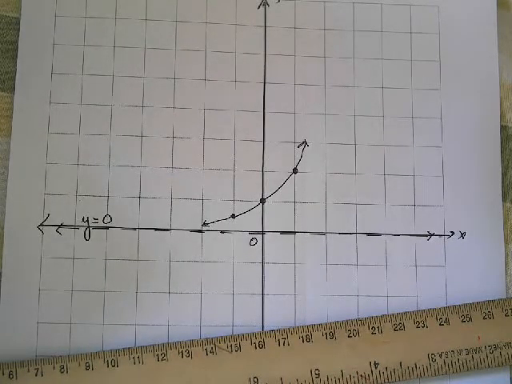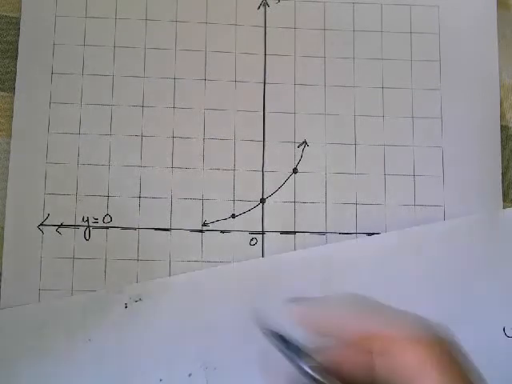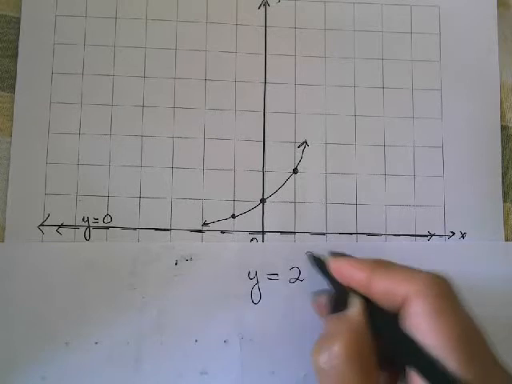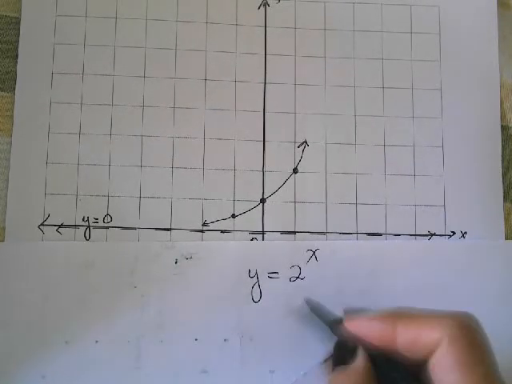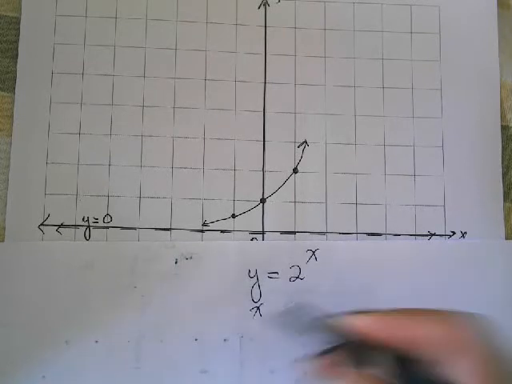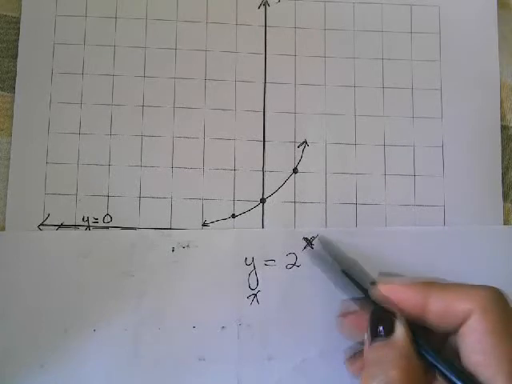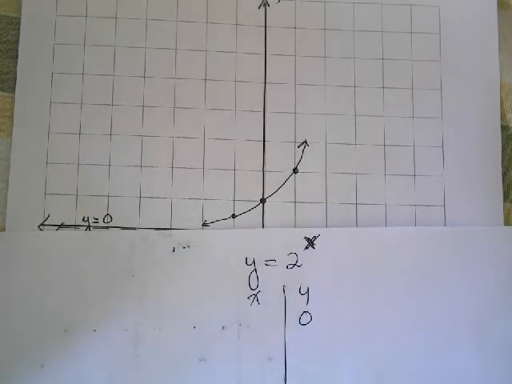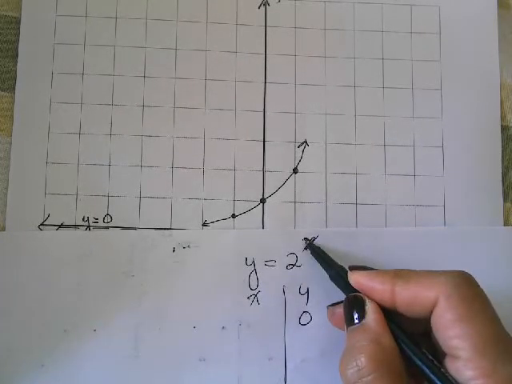Now why is there an asymptote? Because like what we said, our equation here is y equals 2 to the x. If you give negative values for x, will there ever be a value of x so that the y will be 0? You cannot give any value for x, right? Because 2 to the 0 is 1.